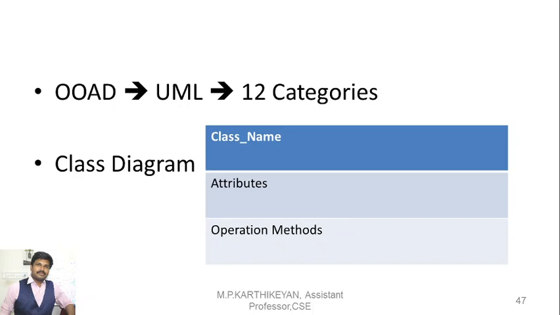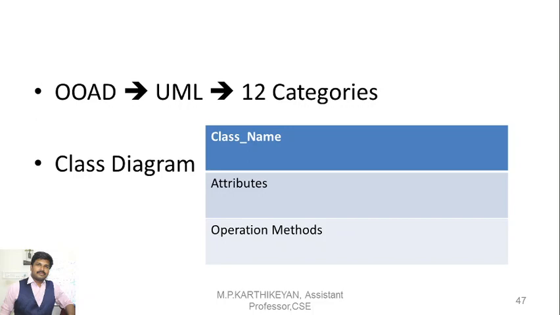So for the class name, we will assign it as student name. Okay. Student name as your class name. Or student table. Let's have the student table as the class name. Okay. Then the attributes, we can have marks of subject 1, marks of subject 2, marks of subject 3, etc. So we will have the marks of several subjects together. Okay. And then the operation method, in the sense, the functions which are manipulated with those attributes.